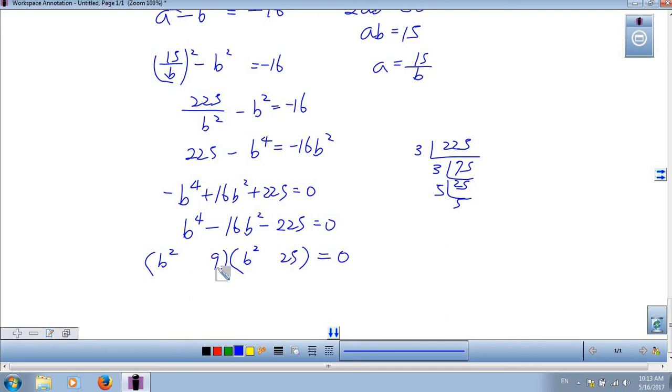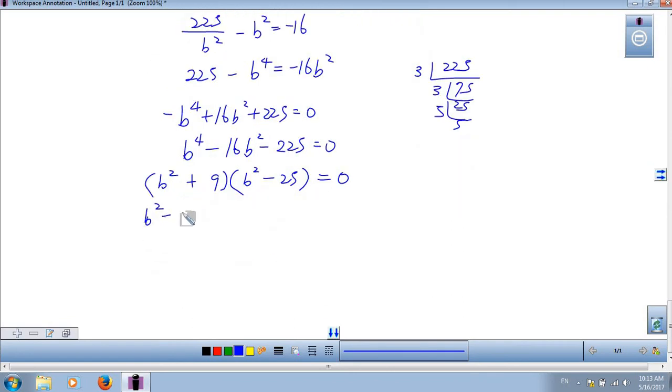Yes, 25 and 9 combine to make 16. So it would be negative 25 here and plus 9 here. That means b squared plus 9 is equal to 0, or b squared minus 25 is equal to 0. So b will be plus or minus 5 here, and here b squared will be equal to negative 9, and b will be plus or minus 3i.